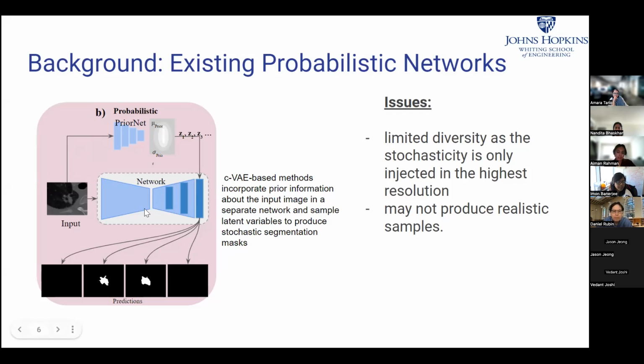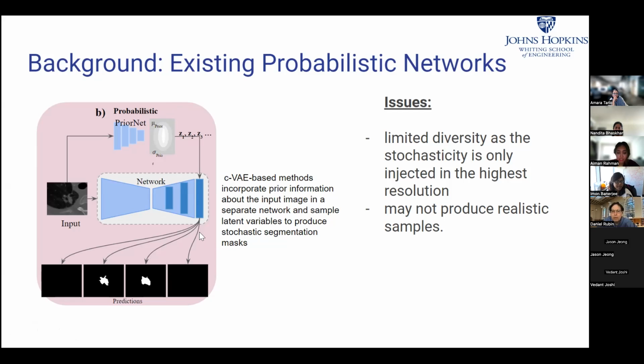So the issue here is your stochasticity actually depends on the latent variable Z, right? That's the only way you can get the stochasticity. Since you just inject it at the highest resolution, you might not get as diverse examples. It highly depends on the Z that you just sampled.